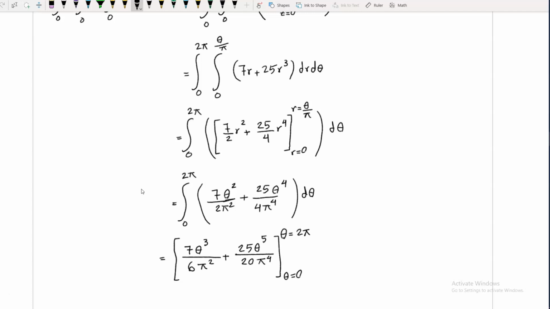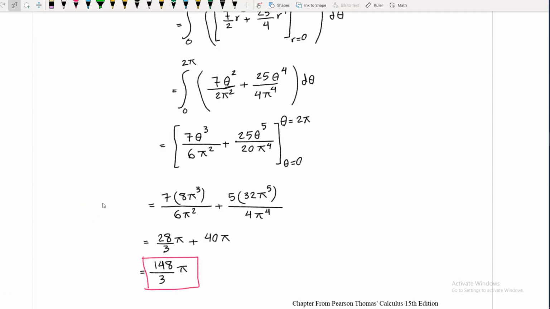Then integrate with respect to theta. So here we have 7 theta cubed over 2 times 3, which is 6 pi squared, plus 25 theta to the 5th power over 4 times 5, which is 20, times pi to the 4th power. Theta is from 0 to 2 pi.